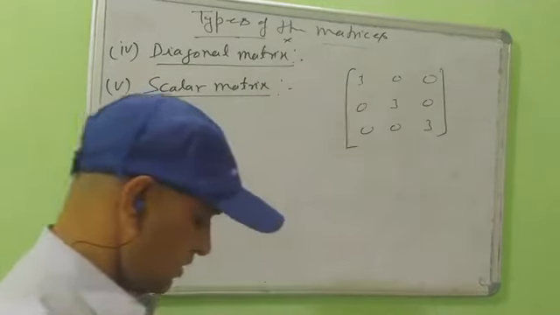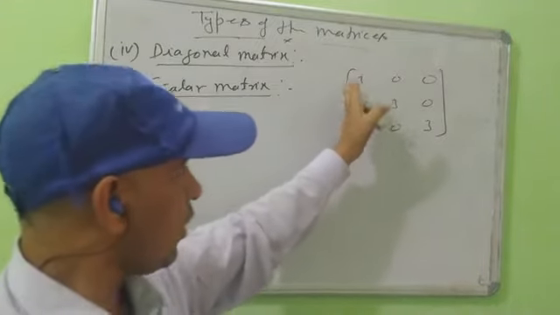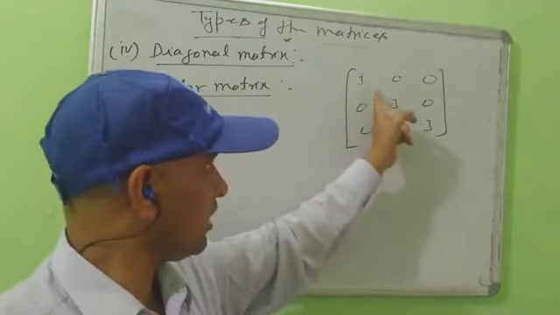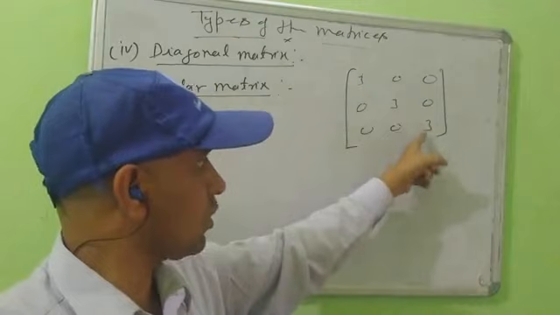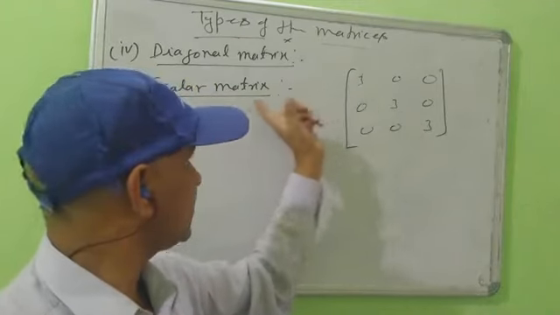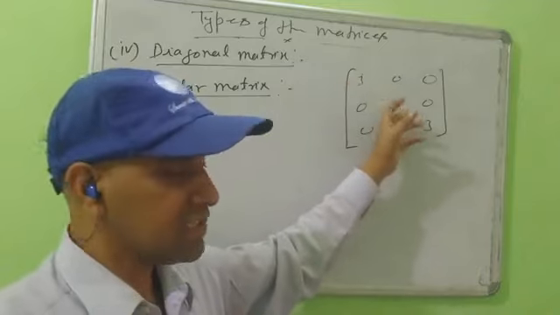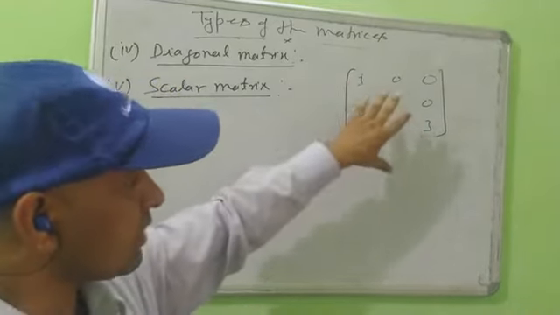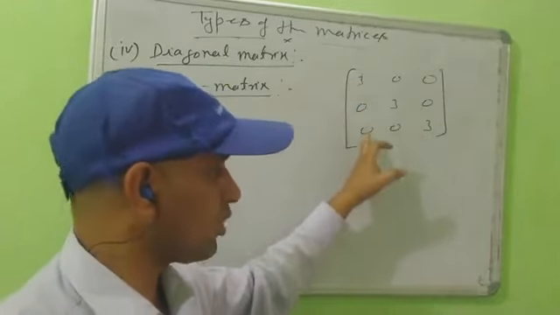According to the definition of the scalar matrix, all diagonal elements of any square matrix are equal. This is called a scalar matrix. When the diagonal elements become equal, this type of matrix is called a scalar matrix. It is compulsory that it is a square matrix, meaning the number of rows and columns is the same.